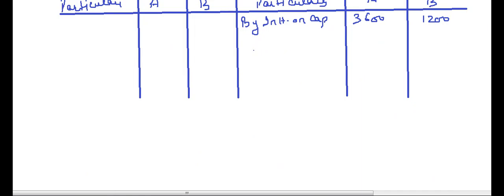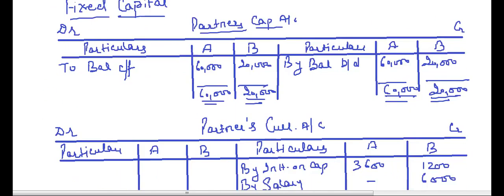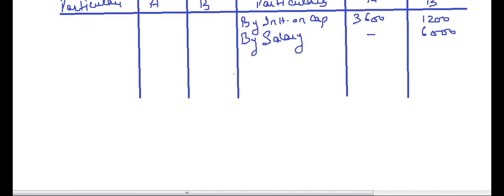By salary. For A there is no salary, for B we have a salary of 6000. Any other income? Yes, profit. By profit and loss appropriation account. How much? 6750 and 6750.